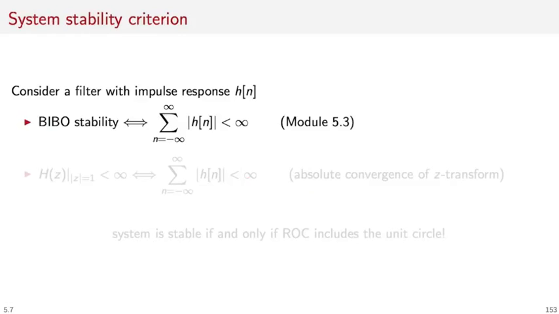Now here is a very handy stability criterion that we can apply once we know the transfer function of the system. Remember from the stability theorem in module 5.3, we said that the necessary and sufficient condition for BIBO stability is that the impulse response is absolutely summable. Now remember, the transfer function is the z-transform of the impulse response.